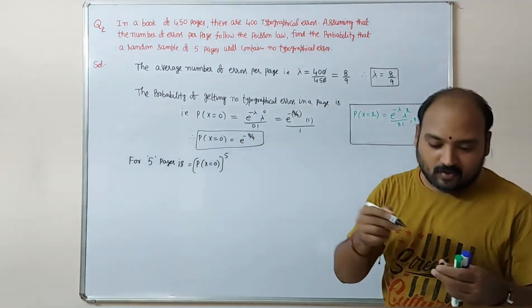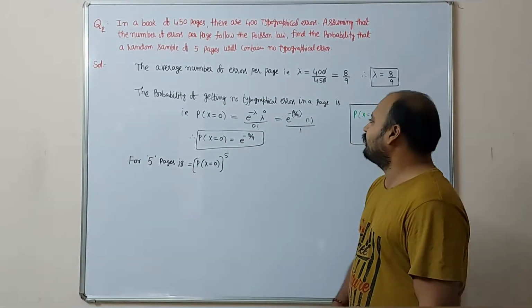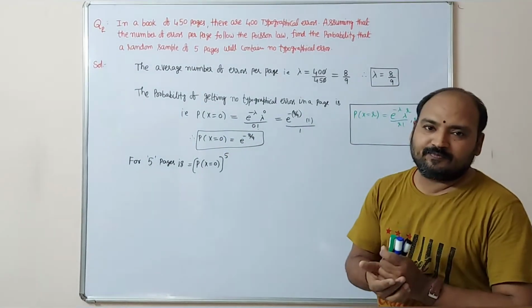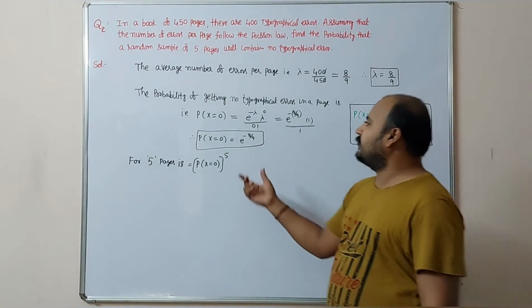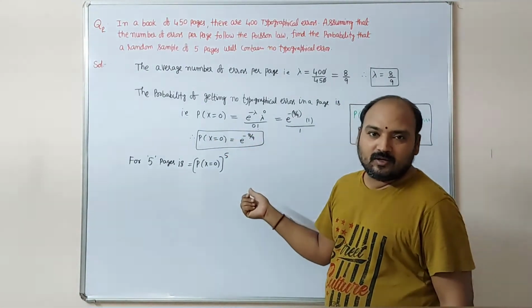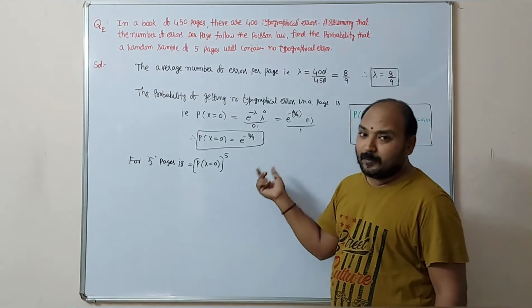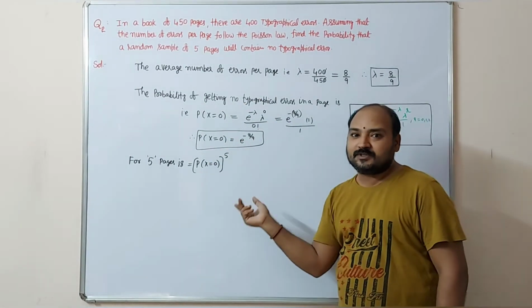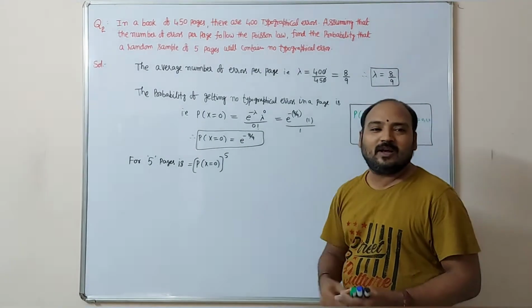How does whole power 5 come? The doubt will automatically arise. For 1 page, e power minus 8 by 9 we are getting. For 5 pages, it means e power minus 8 by 9 and e power minus 8 by 9 for the second page, into like this 5 times, so e power minus 8 by 9 whole power 5 only will come.